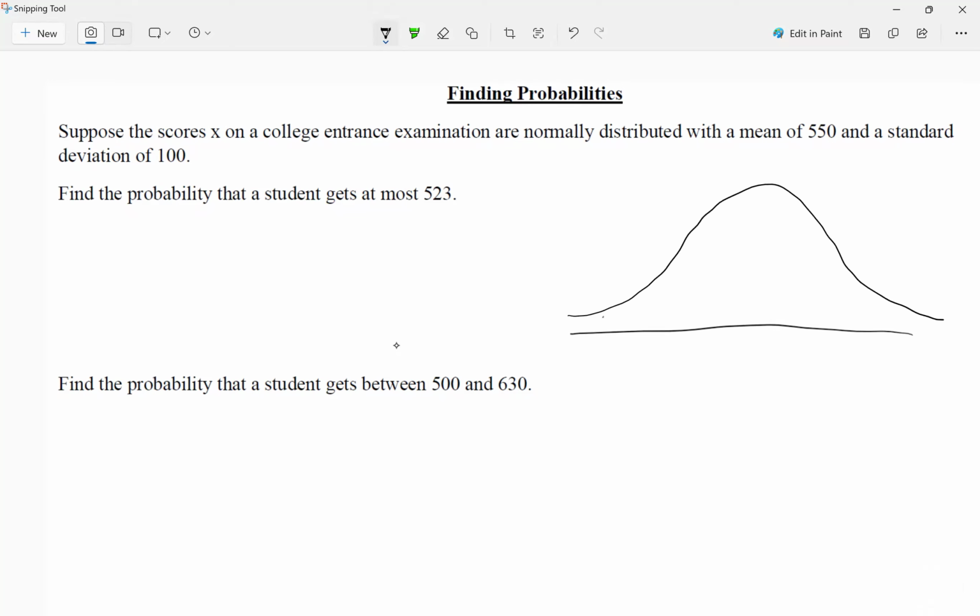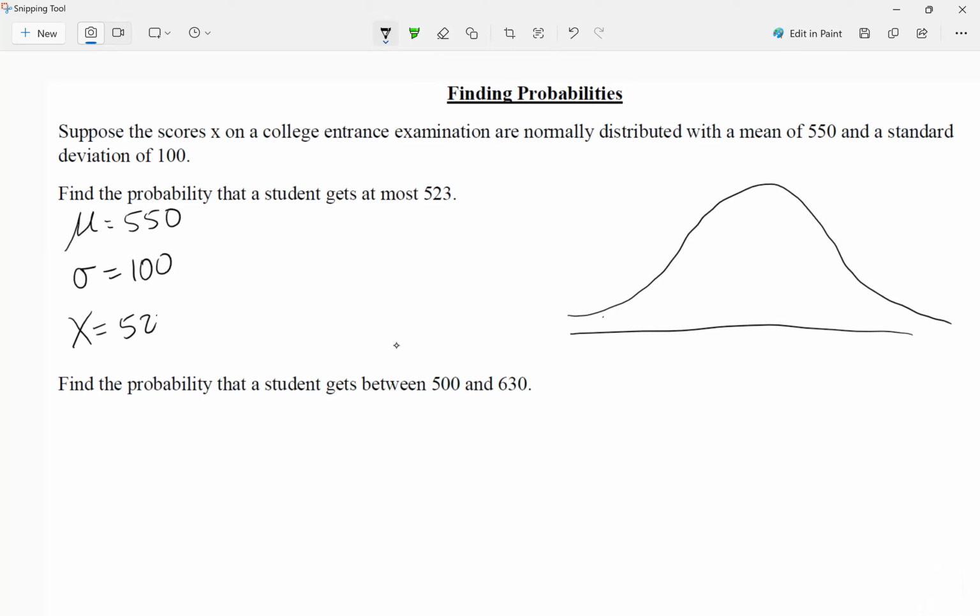It has a mean of 550 and a standard deviation of 100. Find the probability the student gets at most 523. So that's my X I'm going to be comparing.